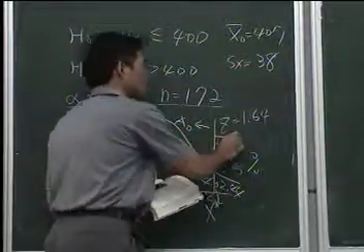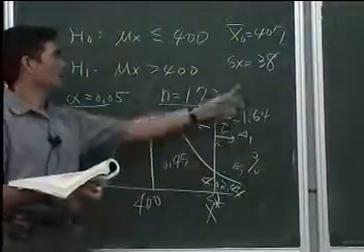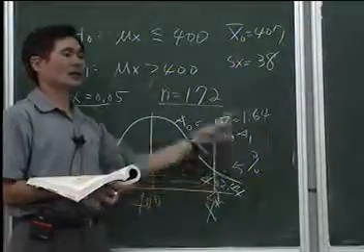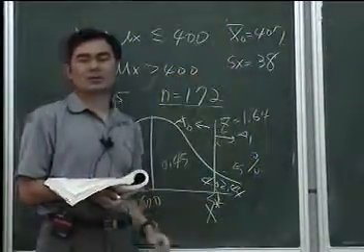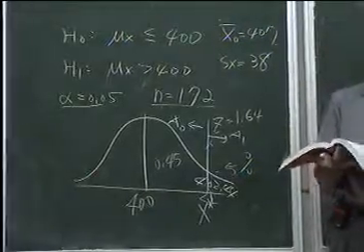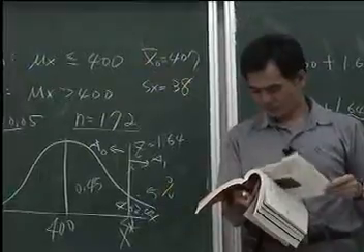But beyond that, you would say no, H1 is true. And 407 is greater than 402, and it is much bigger, right? Any questions? Let us move on to the next example here.